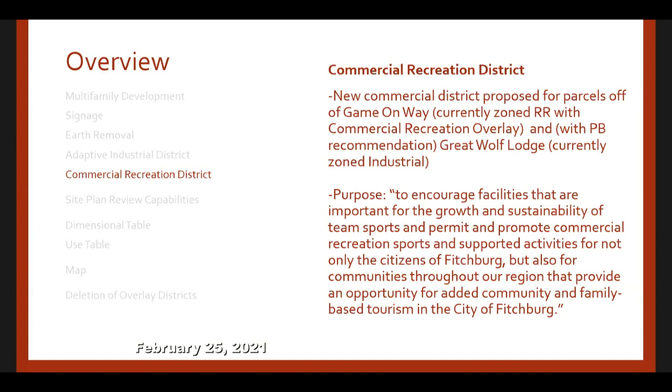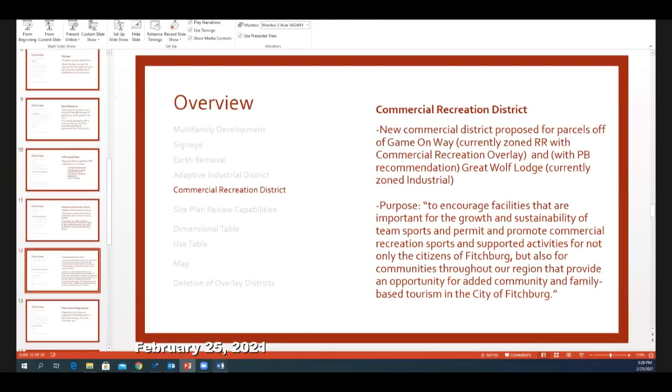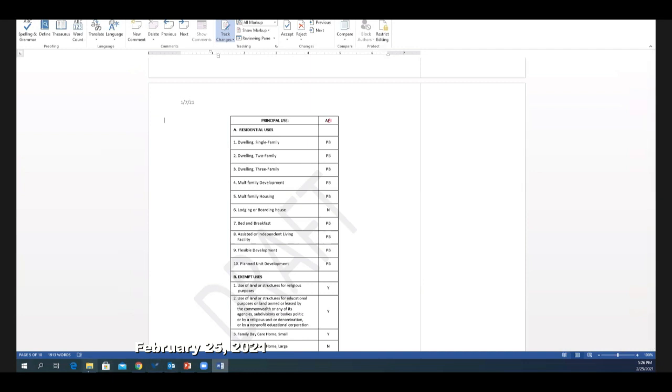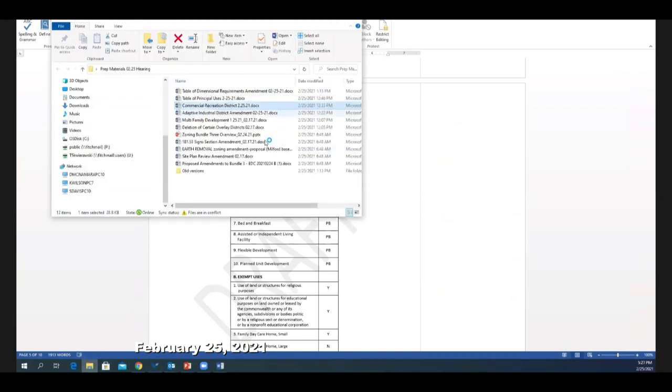So the statement is to encourage facilities that are important for the growth and sustainability of team sports and promote recreation sports and supported activities for not only citizens of Fitchburg, but also for communities throughout our region that provide an opportunity for added community and family-based tourism in the city. I might add, this is another set of flowery recommendations that was proposed to be cut as the First Amendment, but we'll let you all make that determination.